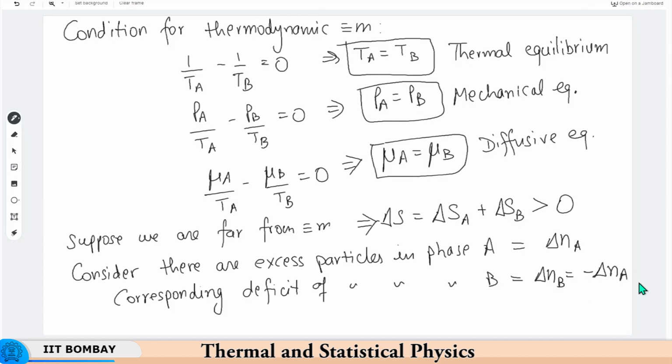So, say there are 5 extra particles in phase A, the deficit in B has to be minus 5, so that the sum is 0. Naturally, we can see that the natural flow will be from A to B. Therefore, there will be flow of excess particles from A to B.